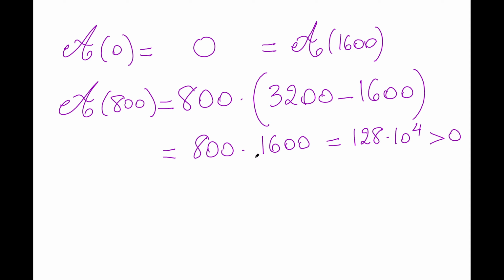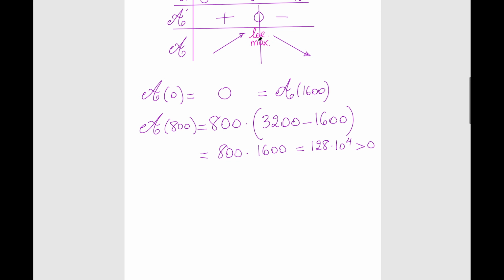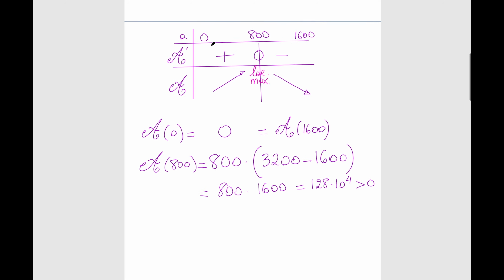Why? Because by the closed and bounded interval method, whichever is the highest among all three values, a at 0, a at 1600, and a at 800, is going to be the absolute maximum, correct? So I don't care what this number is, as long as it's beyond 0, it's bigger than this value, correct? So this means that the maximum, that local maximum, is actually the absolute maximum in between 0 and 1600.